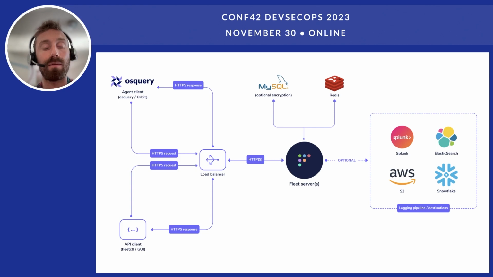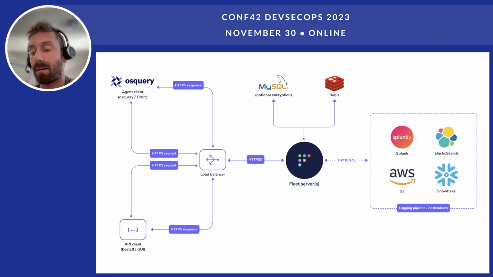On the top left, we can see the osquery agent, which checks in via HTTPS with the Fleet server to find out if there's any work to be done, essentially, and to send any logs that it's generated. On the bottom left, we see the API clients, which could be the user interface that I showed earlier, which is a web browser user interface that uses also the same APIs that the Fleet Control command line tool uses.